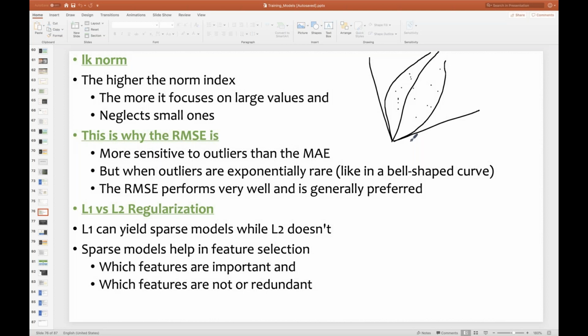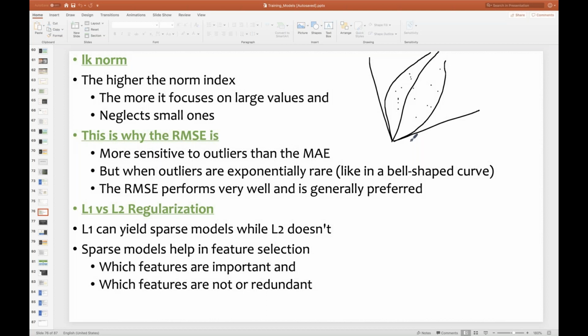For example, if your linear regression is giving you a sparse result among all the coefficients, then most of the coefficients are zero. A sparse model is like an estimation of near-accurate values.